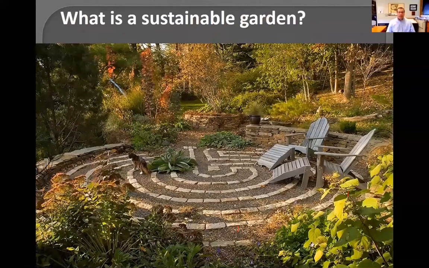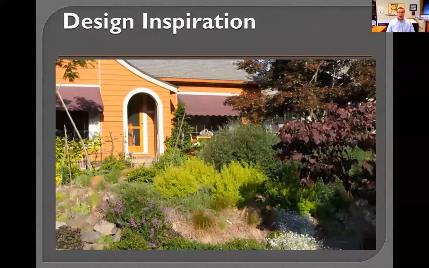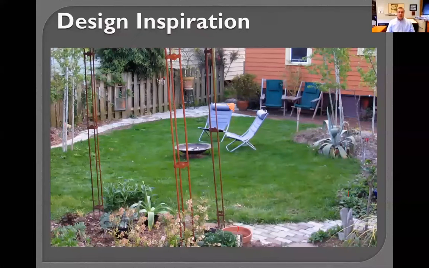Just a couple examples of a sustainable garden. This is a labyrinth, a house that's converted their front yard into native plantings, trees and shrubs. Strategic lawn areas with the periphery of plantings, arbors, artwork, those kinds of things.